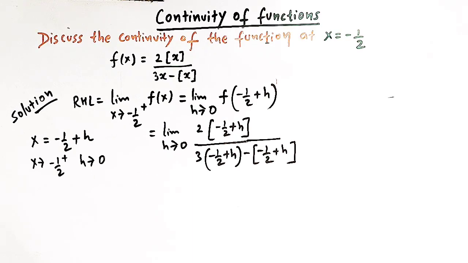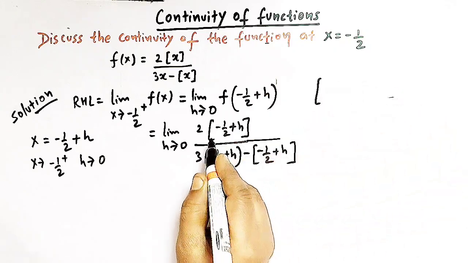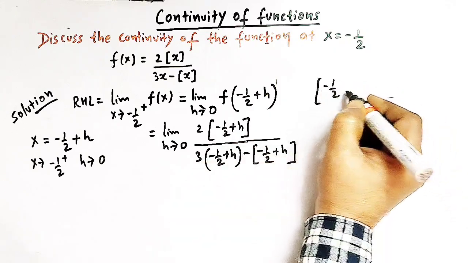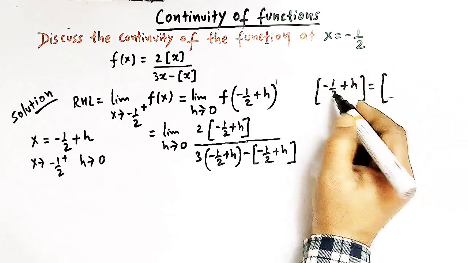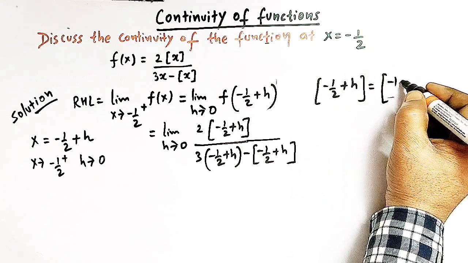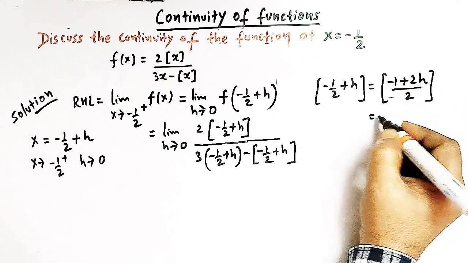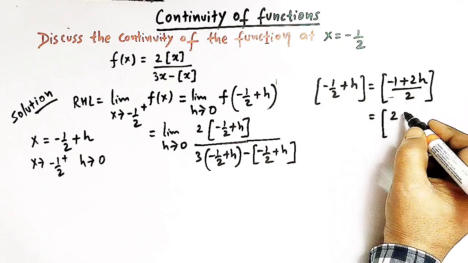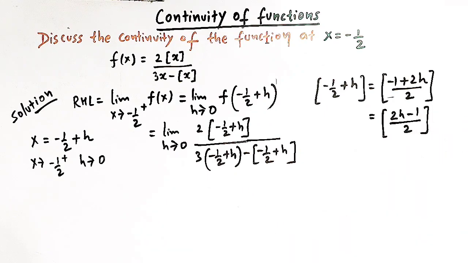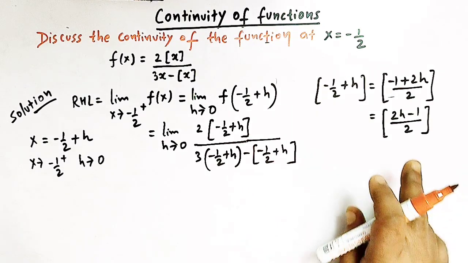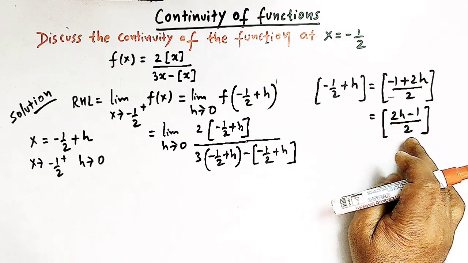So now let us find out the value of this expression, that is greatest integer of minus half plus h. So we can write this expression as minus 1 plus 2h over 2, or we can write here greatest integer of 2h minus 1 over 2. So now let us find out the value of greatest integer of 2h minus 1 over 2.